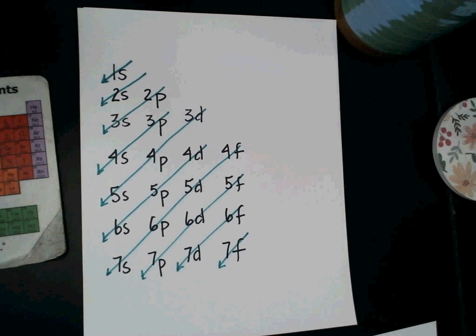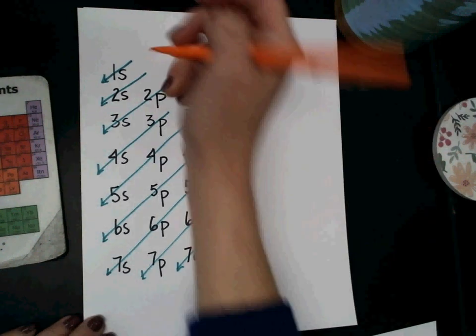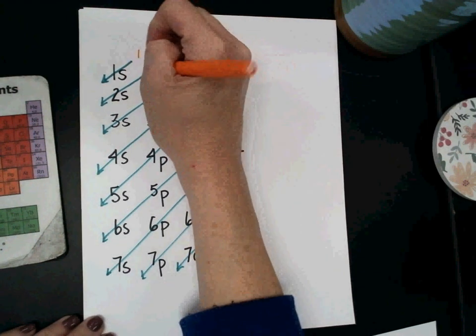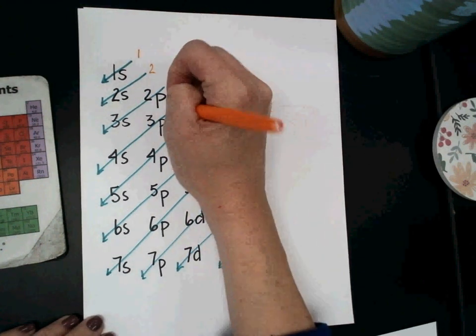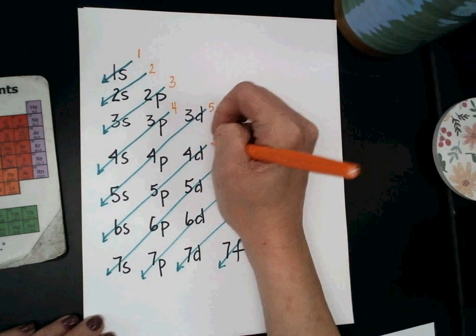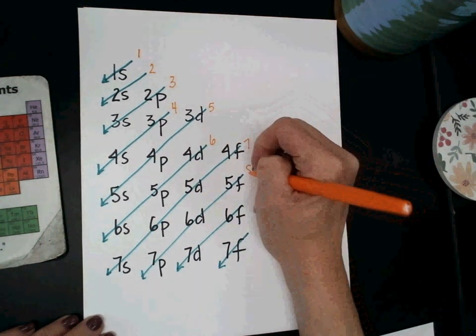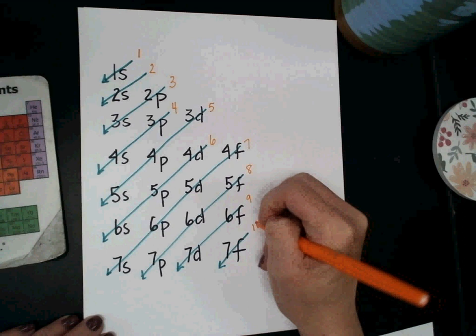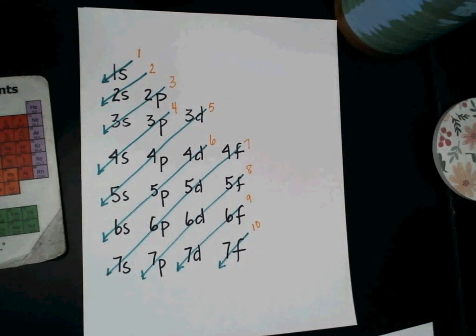And then once you have your arrows in, you're going to go through and write the numbers beside them. So all of that should be on your index card.